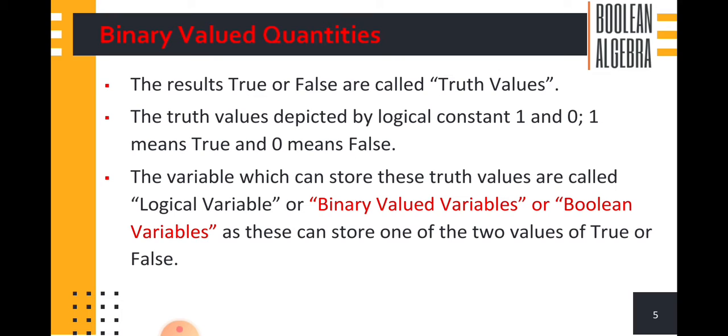Or since they are used to process Boolean algebra, we can also call them Boolean variables. These variables store only one of two values, either true or false, that is 1 or 0.